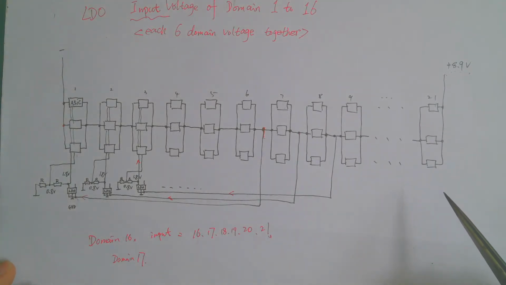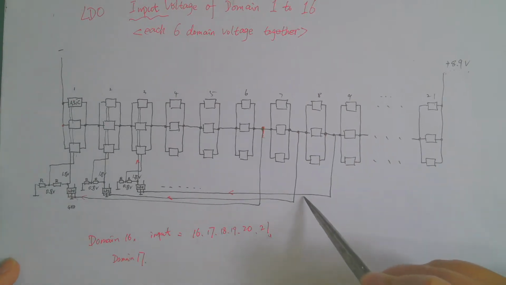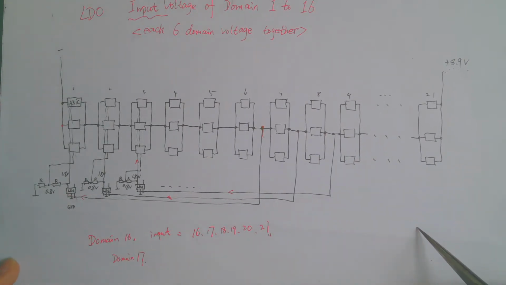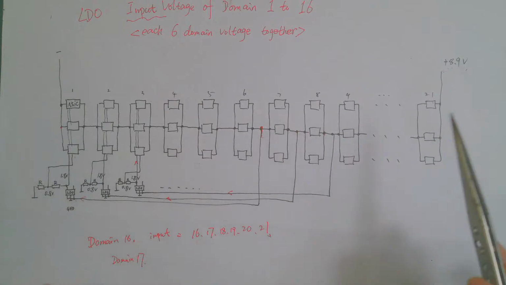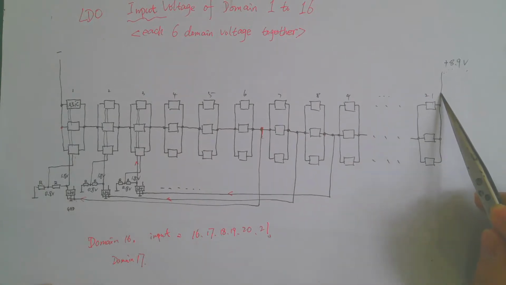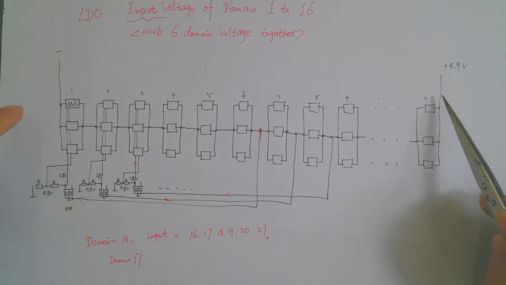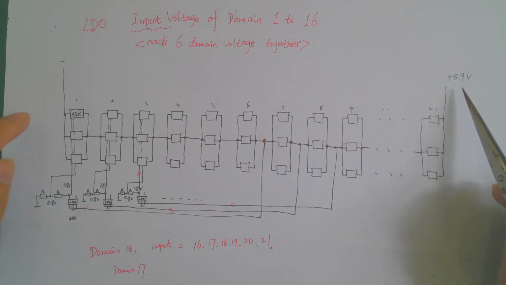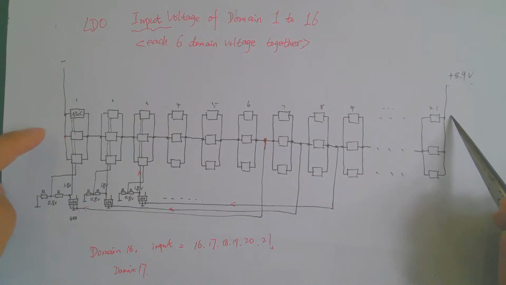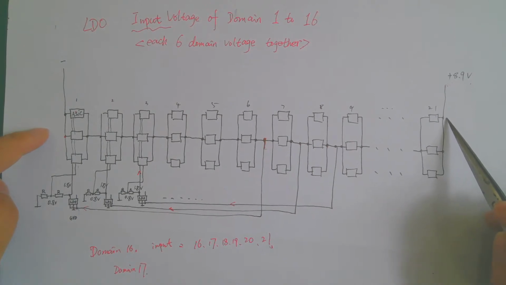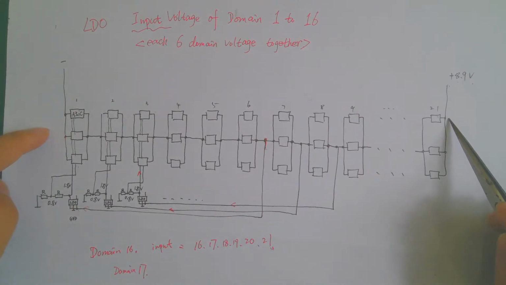You can see the input voltage to the whole hashboard is around 8.9, and in some versions it is 8.4.